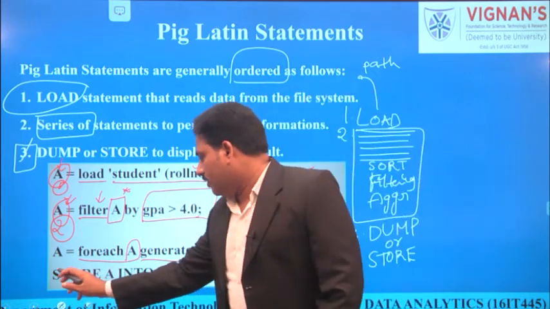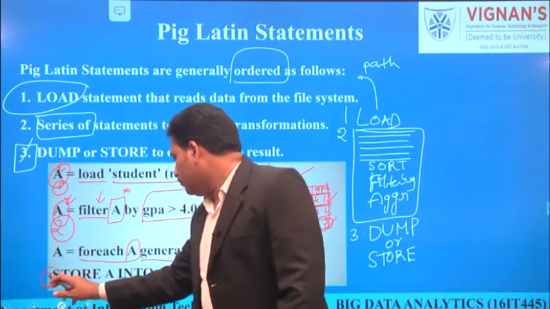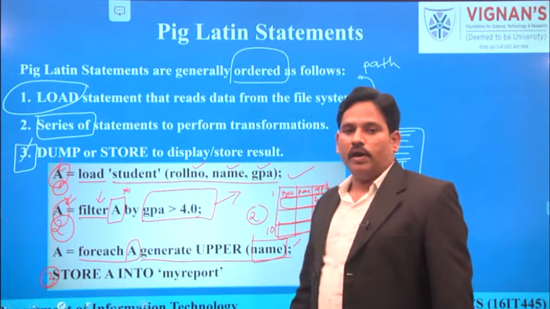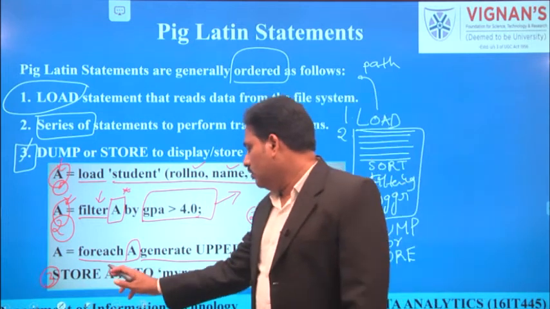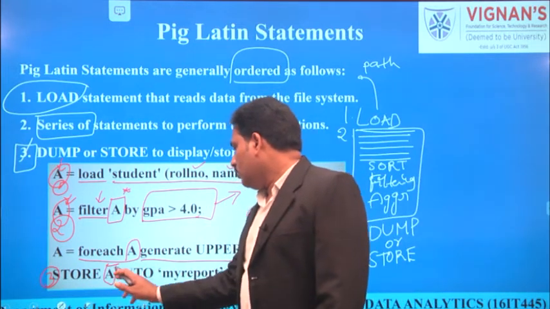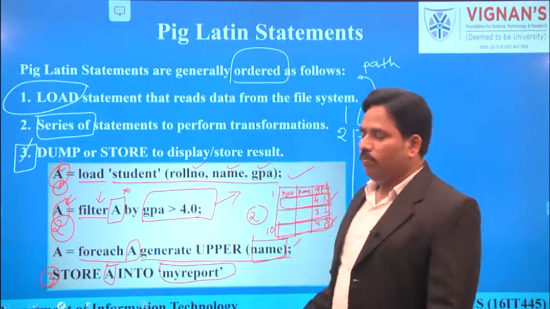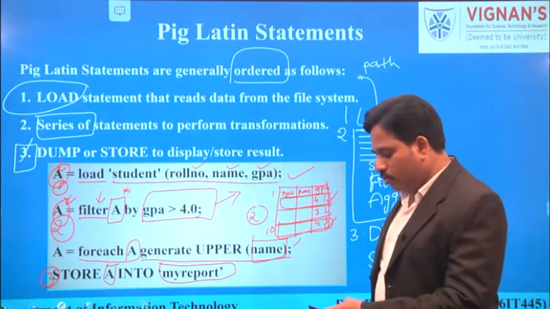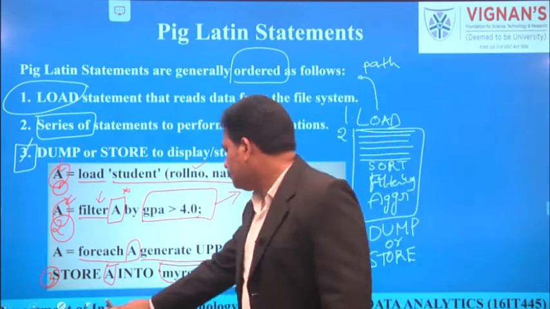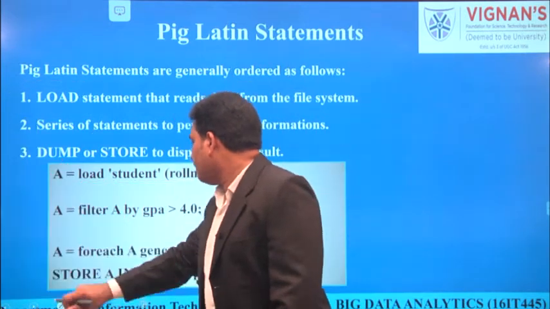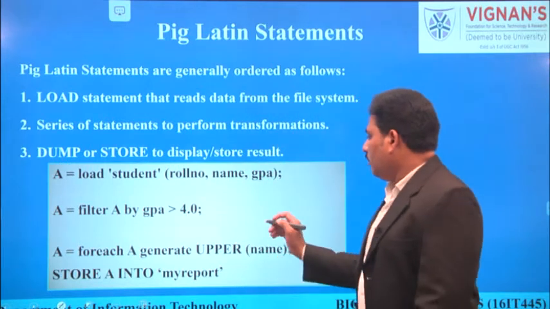Now the third statement in order is store A into my report. Here we are storing the values of A into a file called my report. Now what will my report have? My report may have information like this.